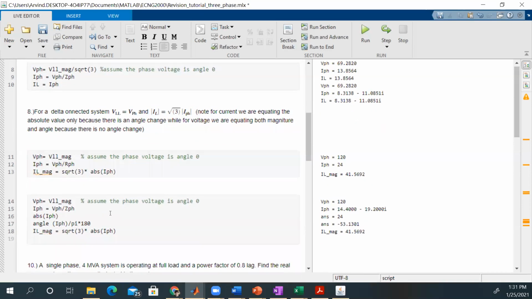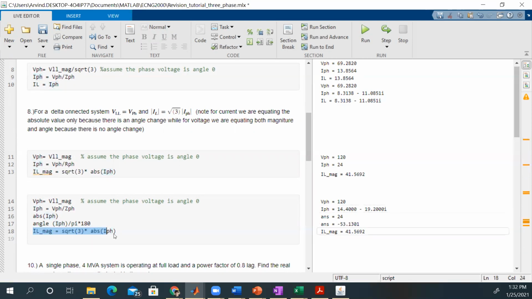Now we change it. We're going to do the same thing again, but we're going to use Z phase. So we do the voltage, which is the same. We now find I phase, which is V phase on Z phase. This is an absolute value of 24. Now we find the angle. So we have this and minus 53. These are the angles of I phase.